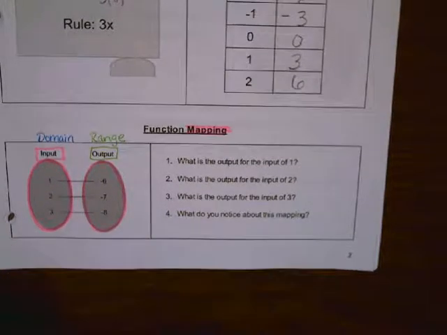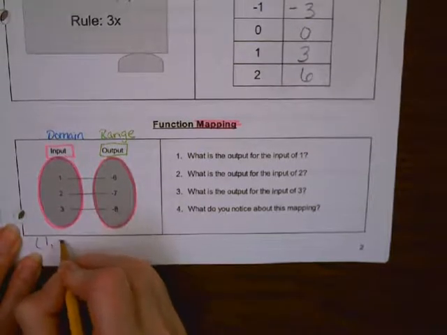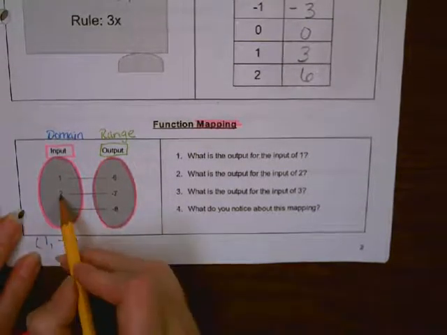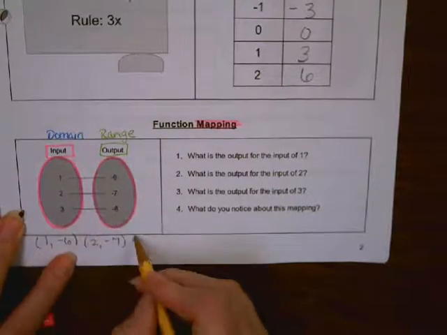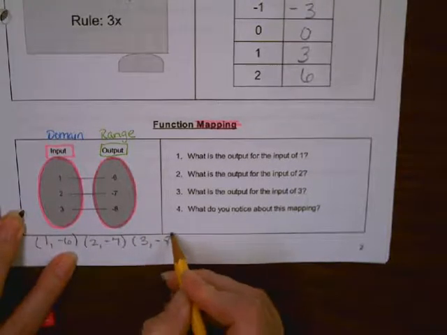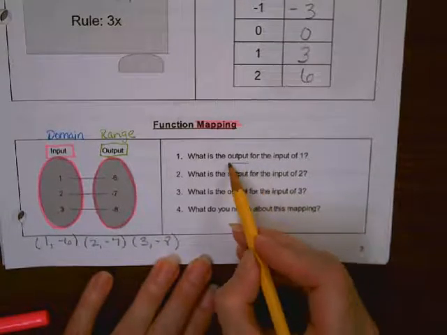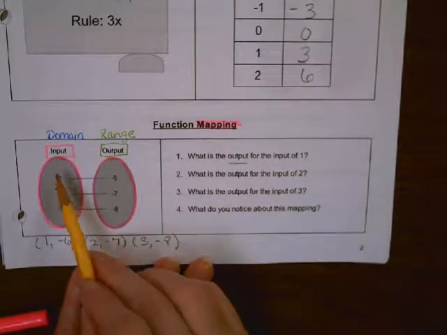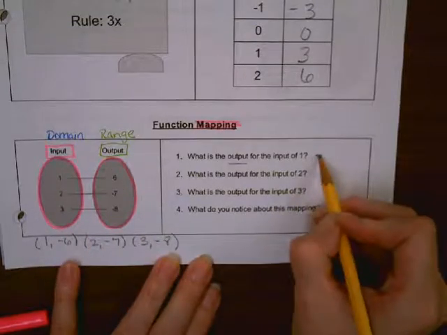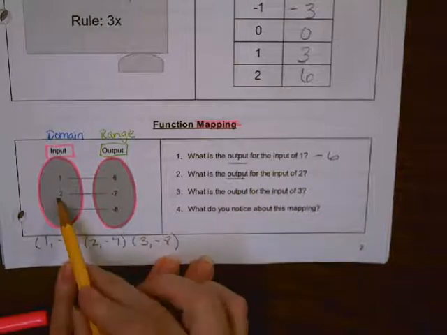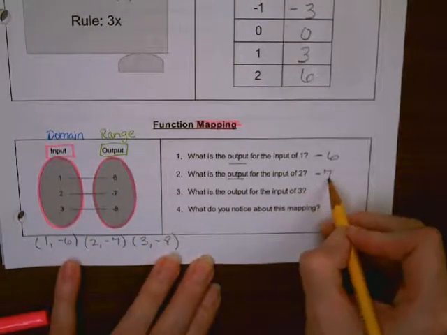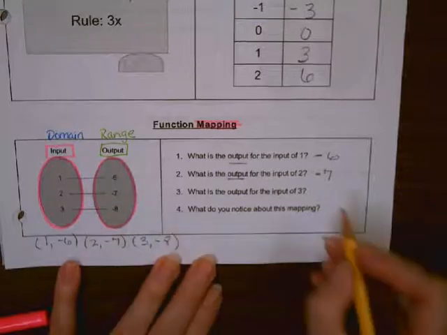So this would be the ordered pair 1, negative 6. This would be the ordered pair 2, negative 7. This is the ordered pair 3, negative 8. Okay? What is the output for the input of 1? Here's 1 in the input. We get a negative 6. What is the output of the 2? What is the output of the 3?